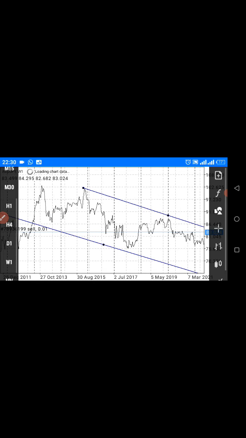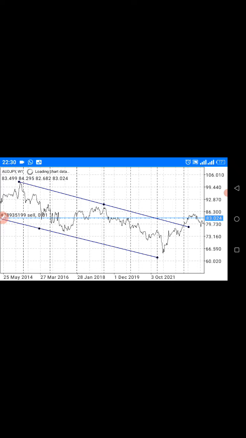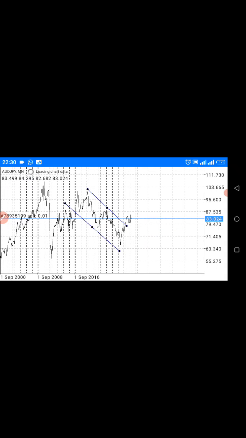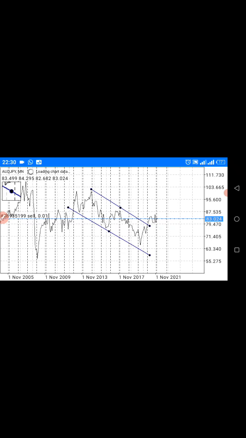So without wasting our time, another pattern that we are going to check immediately is the ascending channel or descending channel. I call it channel, and this is what I'm really saying.